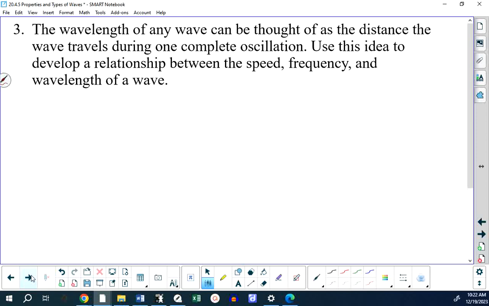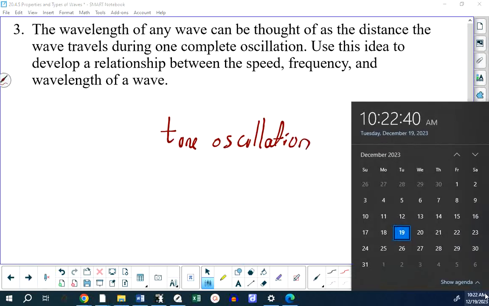Okay? So what are we asked to do here? Use the idea that the wavelength is the distance traveled in 1 oscillation. Okay. What do you call the time for 1 oscillation? What is that called?